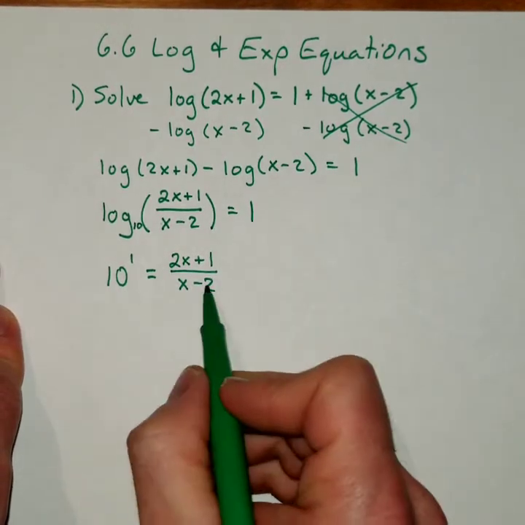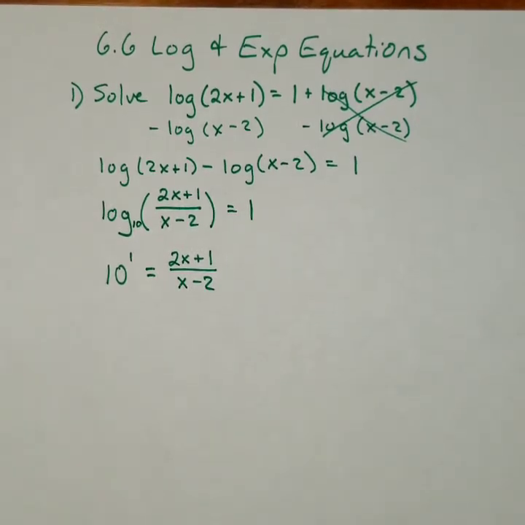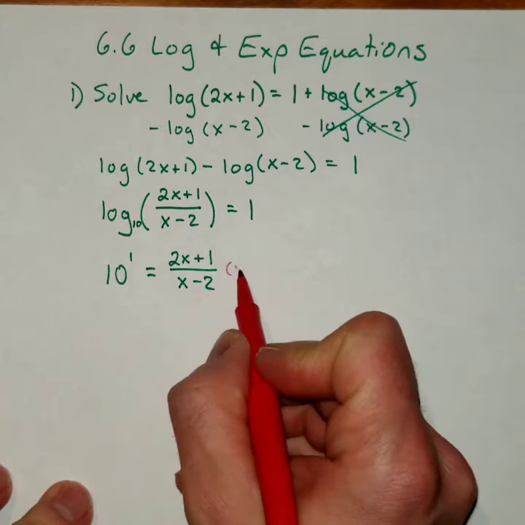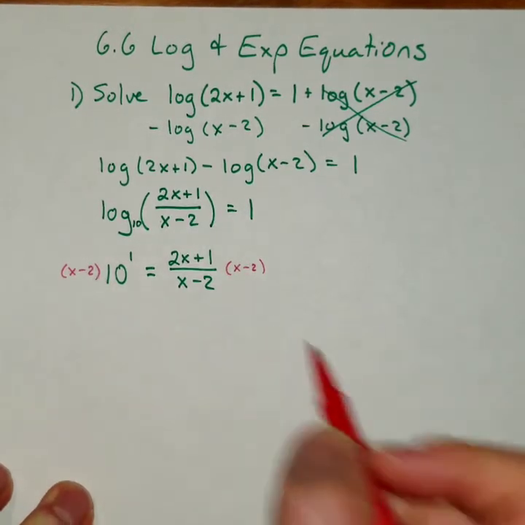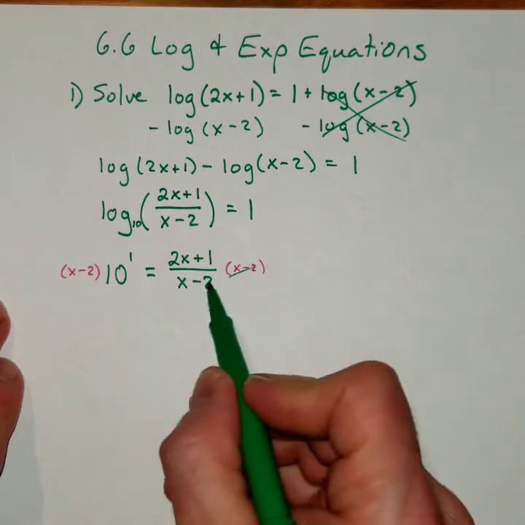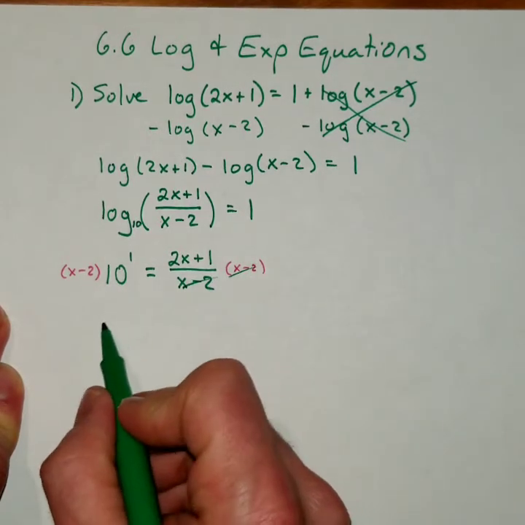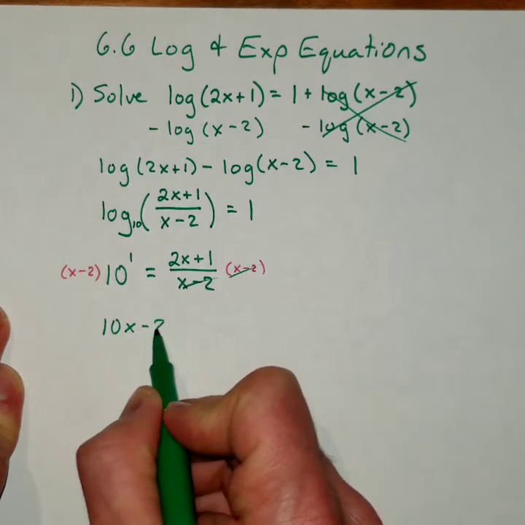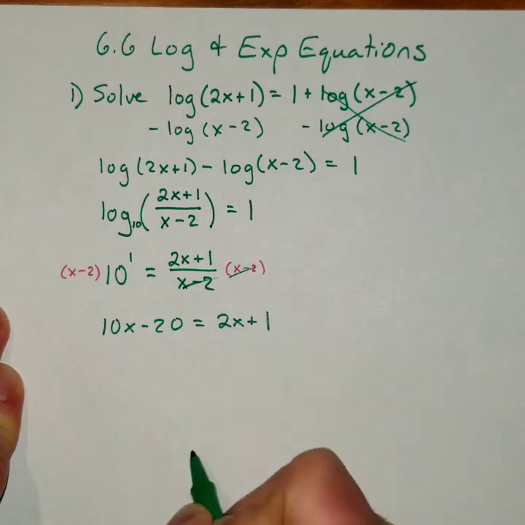Alright, now to solve this equation, I'm going to need to multiply both sides by the least common denominator. Remember, we do that for fractions. When there's fractions in an equation, I'm going to multiply by x minus 2. Those will cancel off on the right. 10 times x minus 2 is 10x minus 20, and that equals 2x plus 1.